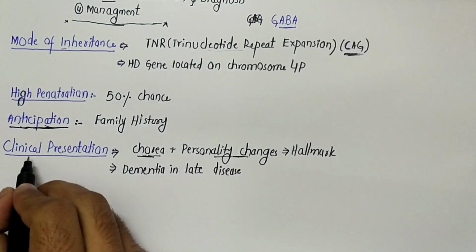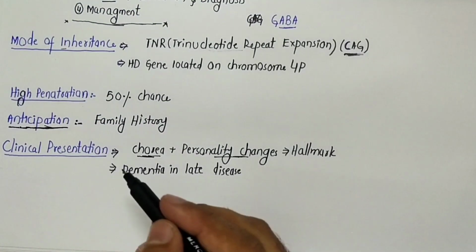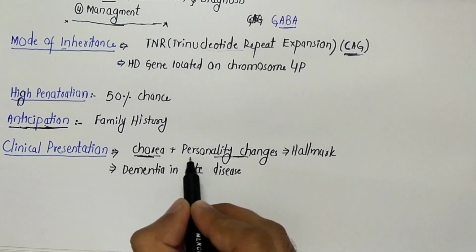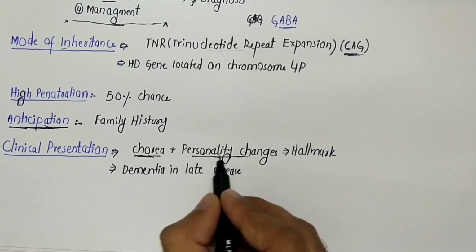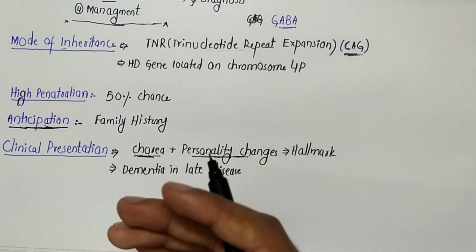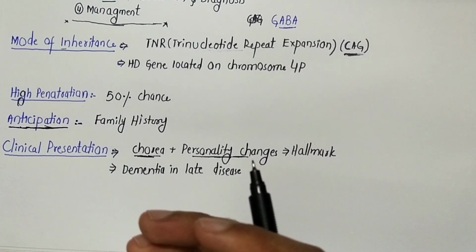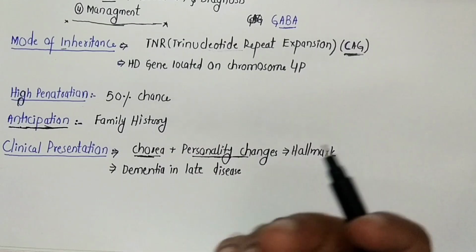Moving on to the clinical presentation of Huntington disease. It is primarily presented as chorea and personality or behavioral changes. Chorea consists of sudden, unintended, uncontrollable, jerky movements of the muscles of the arms, legs, and even facial muscles.